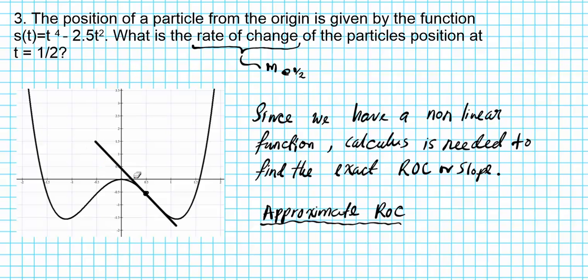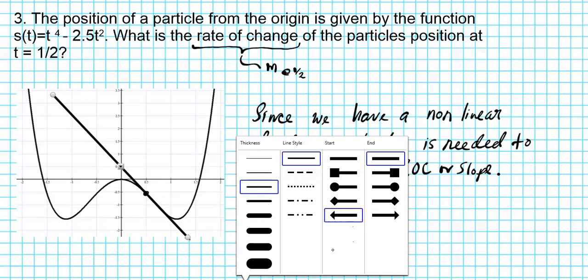So we're going to be estimating the slope of this tangent line using our basic slope formula, rise over run. Okay, so I have two nice lattice points here that I'm going to be exploiting to find the slope of the tangent line. So let's make this into a line.